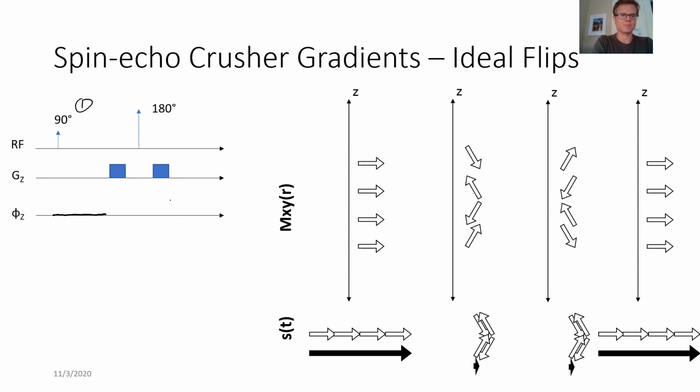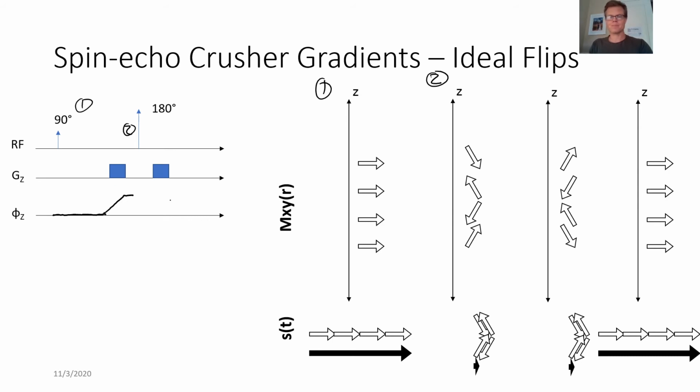Then after the first gradient here, we accumulate some phase, and that's illustrated in the plots here on the right. And if we average across the slice, it's potentially destructive, like the other crusher gradient example.